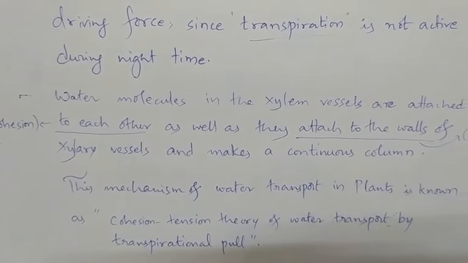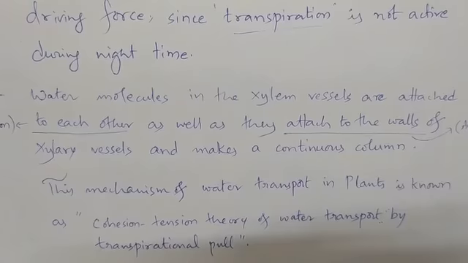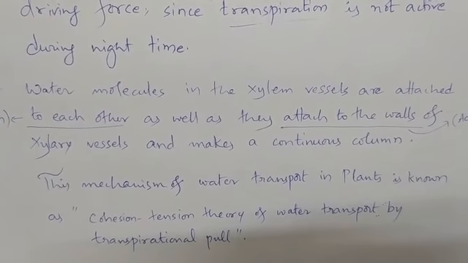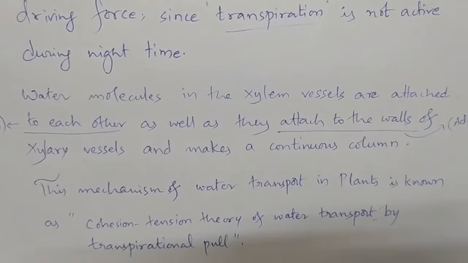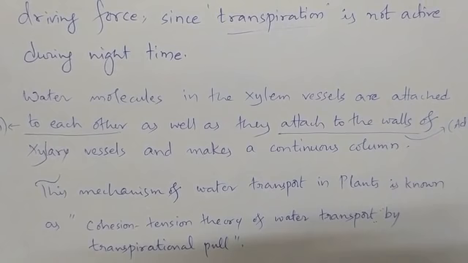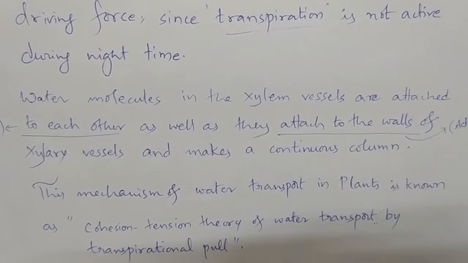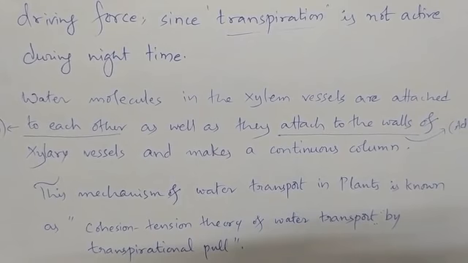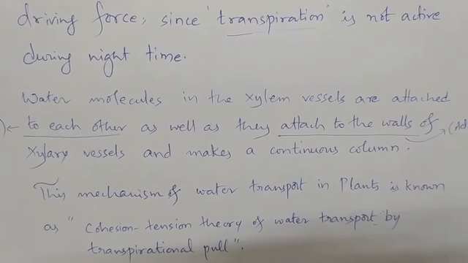When the water molecules attach to the walls of the xylem vessels, then this property is known as adhesion. So by adhesion, water molecules are attached to the xylem vessels, and by cohesion, they are attached to each other. Because of these adhesion and cohesion properties of water molecules, a continuous column in xylem is created.